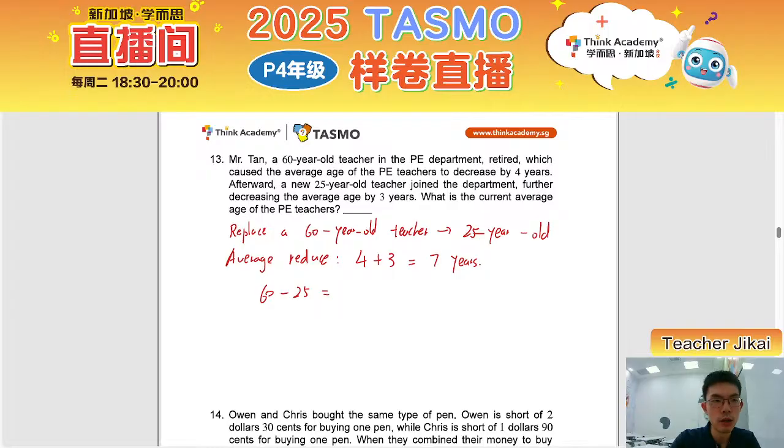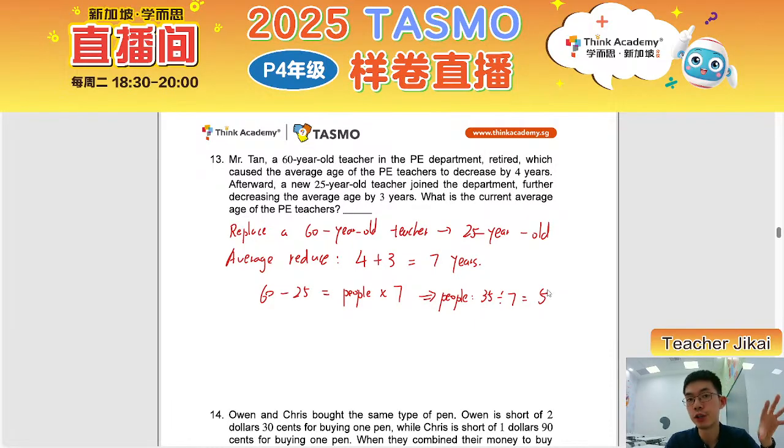So it is the number of people times 7. Every person decreases 7 years. So the number of people will be 35 divided by 7, right? So 5. Okay, so if we have Mr. Tan or the 25-year-old teacher, there will be 5 teachers in total.